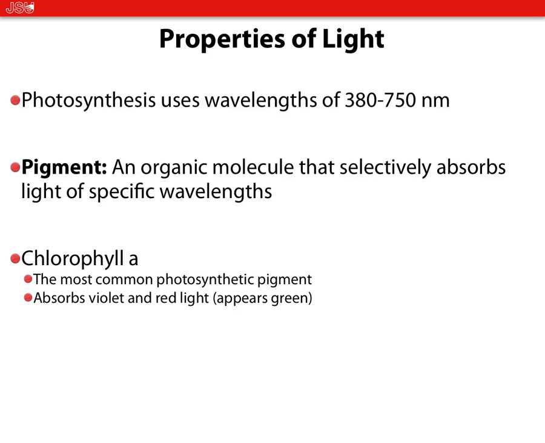Same thing with why that leaf is green, because it's reflecting light that looks to us to be green light. It's absorbing the other light, but it's reflecting some other light that we perceive as being green. Okay, so color is really the reflection of that light.